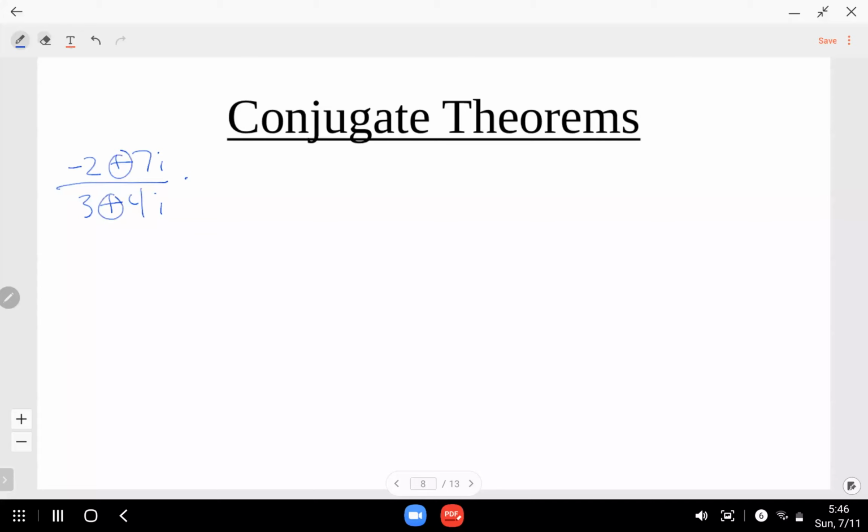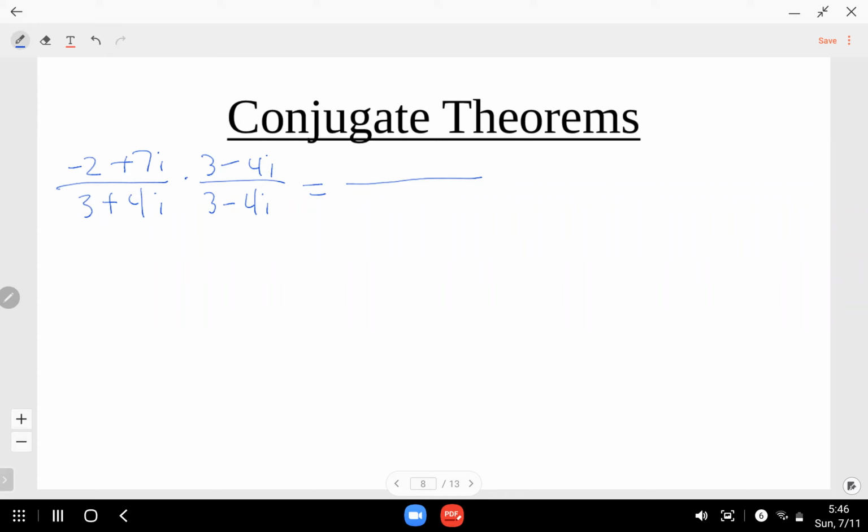When you're adding something, just reverse the sign. So basically it's multiplying by 3 minus 4i over 3 minus 4i. After we do this, you see the bottom here, we're squaring i, and we get negative 1 out of that.